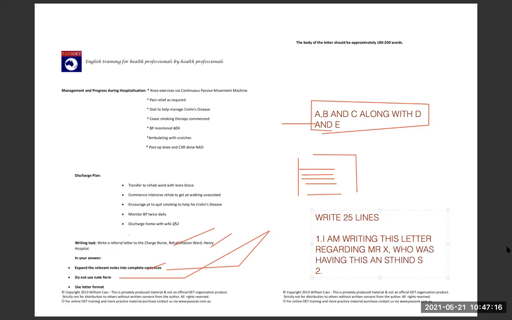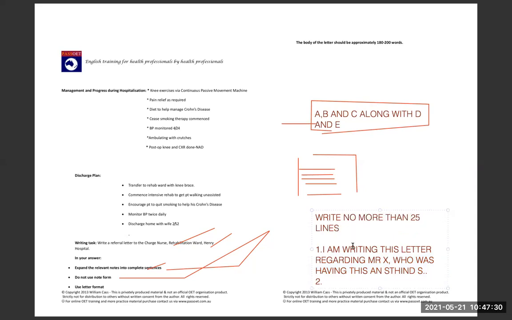Suppose I have consumed 3 lines, but I have not put any full stop. Once I put the full stop, this is my one line. So that is what they are saying: write no more than 25 lines. Please do not count lines as one, two, three. Count the first full stop as one line. So we have just covered one line up to this moment.